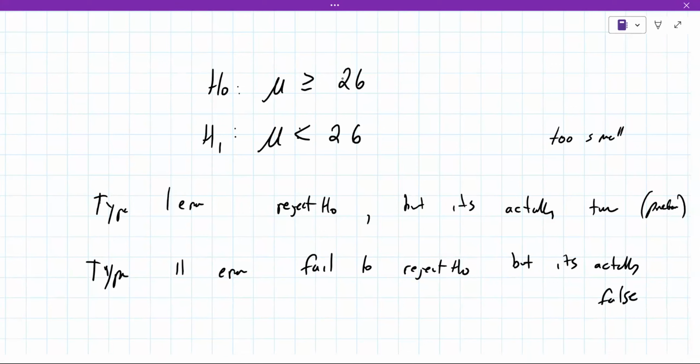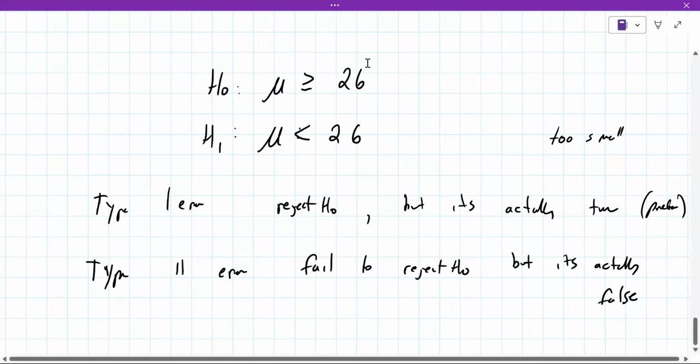So if you fail to reject, then you buy something that is less than 26 inches. So you think the dress is going to fit. You're going under the assumption that it's going to fit.